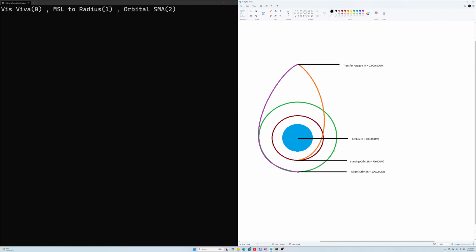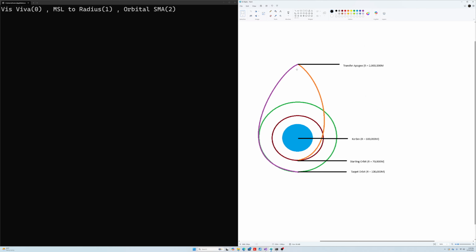Continuing forth to our green circle, that will be our target orbit at an altitude of about 100,000 meters or 100 kilometers. There are exactly 3 burns used to initiate this maneuver, the ascending bi-elliptic transfer, and the first one is a prograde from our starting orbit to extend our apoapsis to approximately 15 times the altitude of our starting orbit.